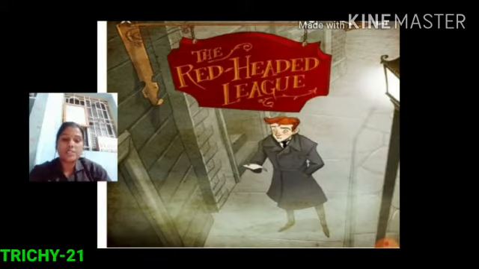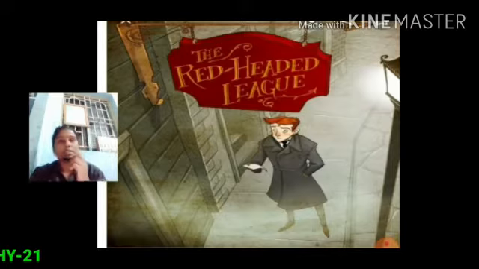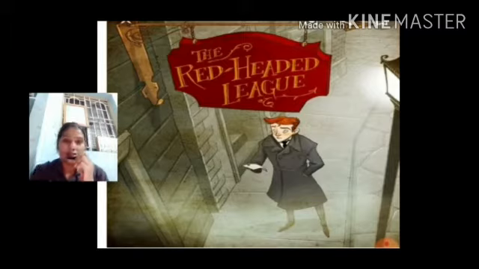which was published in 1892. So, The Red-Headed League is one of the 56 Sherlock Holmes short stories written by Sir Arthur Conan Doyle. It first appeared in the Strand magazine in August 1891 with illustrations by Sidney Paget.